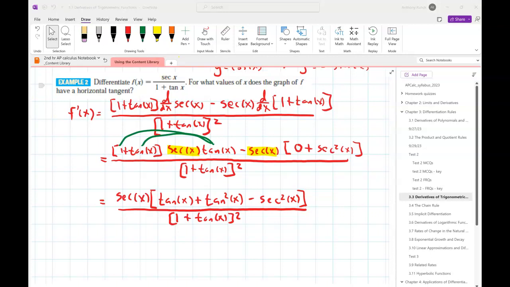What do you guys see now? Can probably do better than this because I'm not looking forward to trying to solve something like that, right? That looks like a nightmare. When you change the secant squared x back into tan x and subtract, or cancel, because in the numerator there's tan of x minus tan of x.